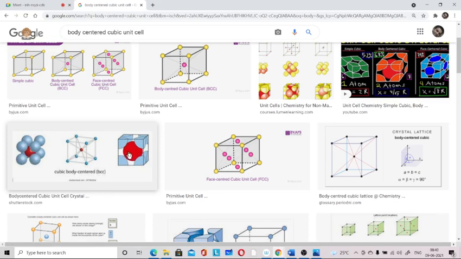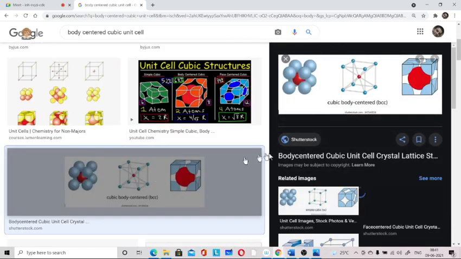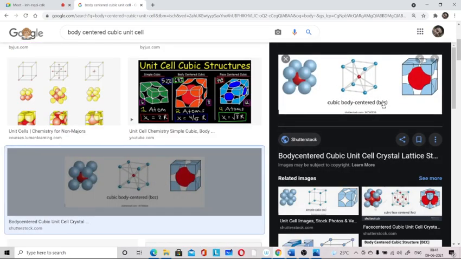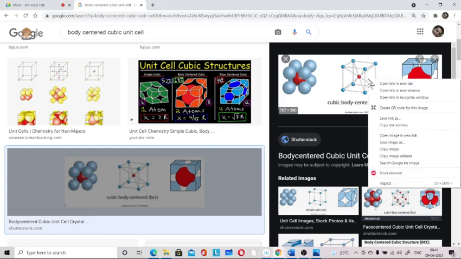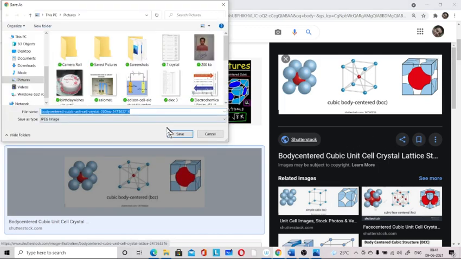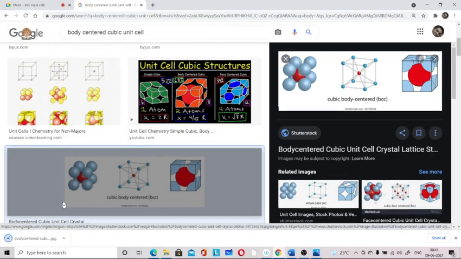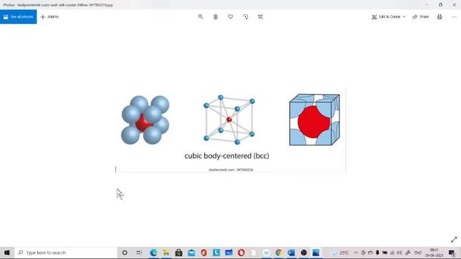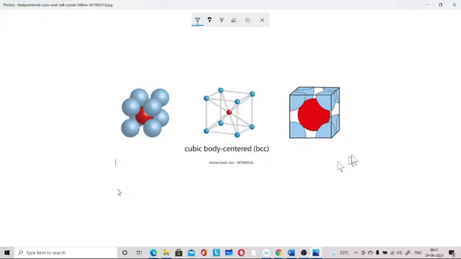This is our image. Now we see this body centered image here. You can see this is the larger sphere.